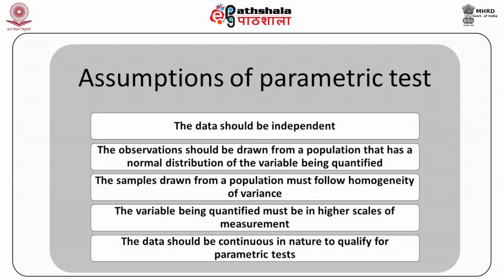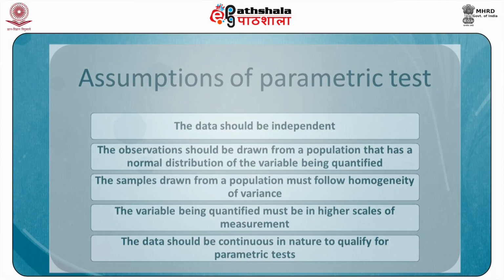The variable being quantified must be in higher scales of measurement, that is, interval or ratio scales of measurement. The data in the qualitative scales, namely nominal and ordinal, is not suitable for parametric tests. The data should be continuous in nature to qualify for parametric tests.